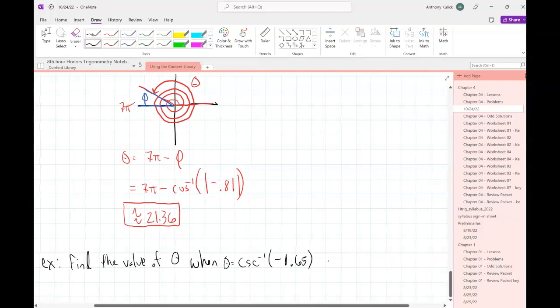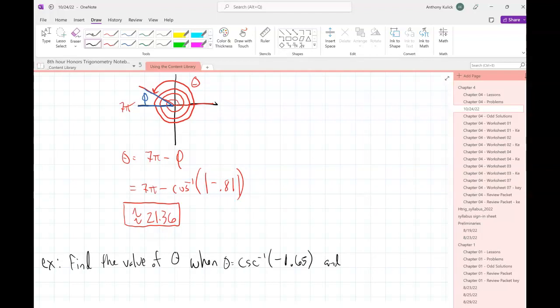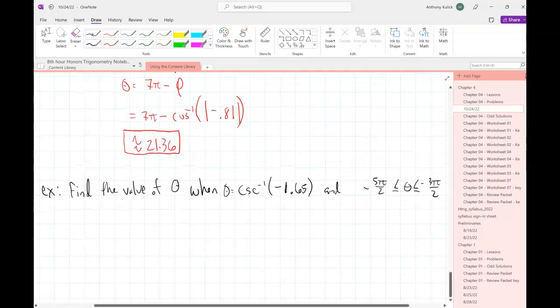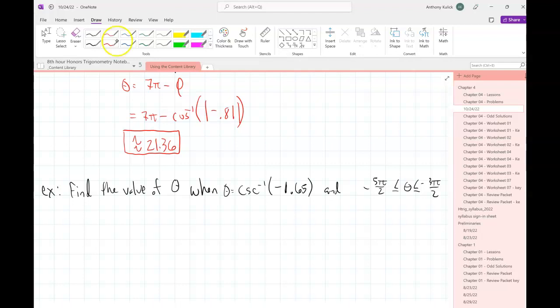Theta equals. Okay, then I just have to be a little bit careful here. All right.